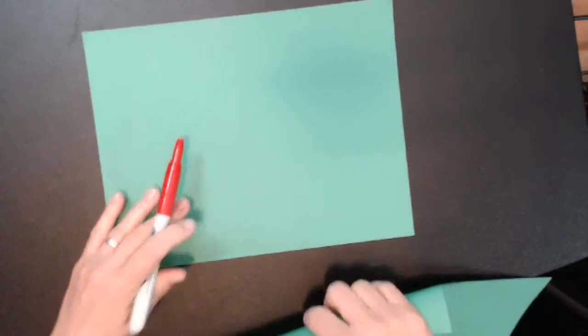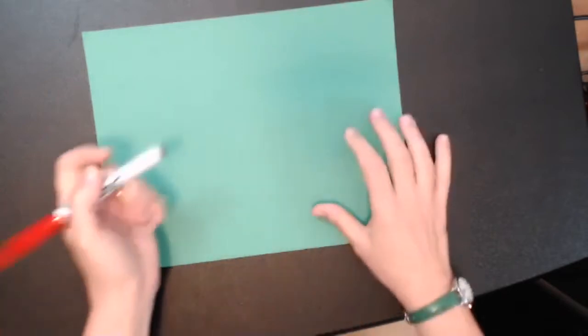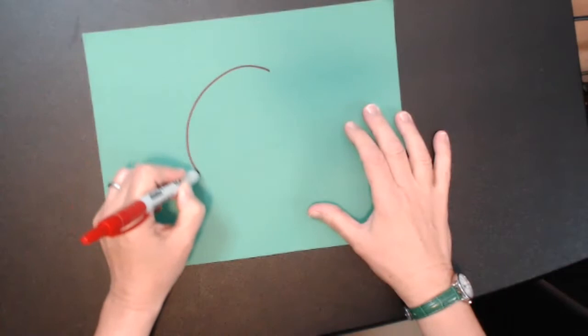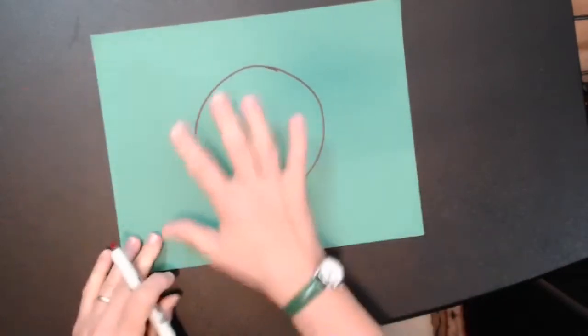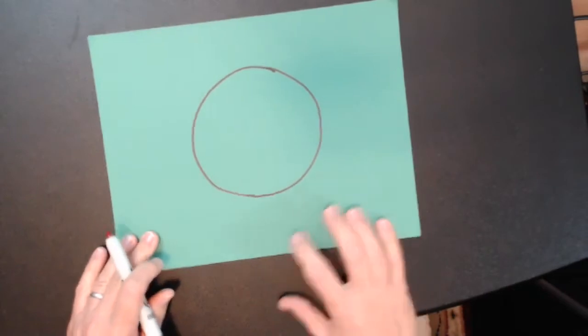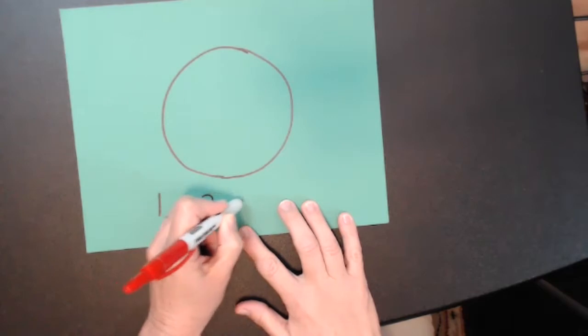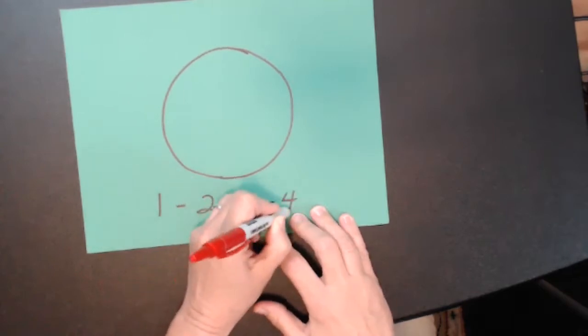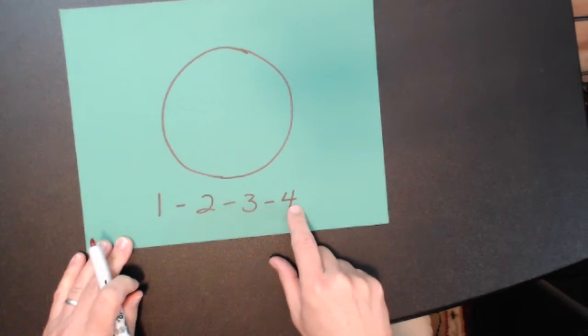The first rhythm we're going to be thinking about is the whole note. So when we have a whole piece of paper, we're going to draw on it a big circle. And in music, we call this a whole note. And sometimes your teacher might ask you to count it like this: 1, 2, 3, 4.